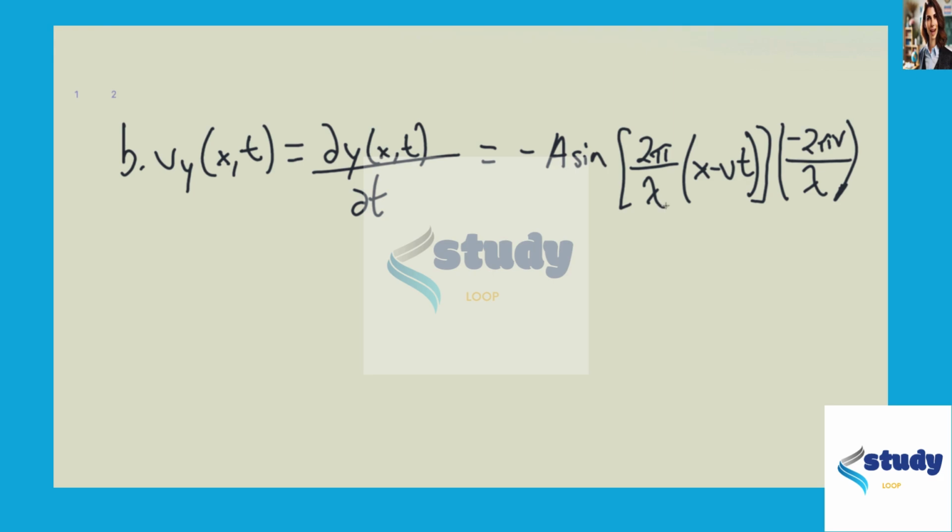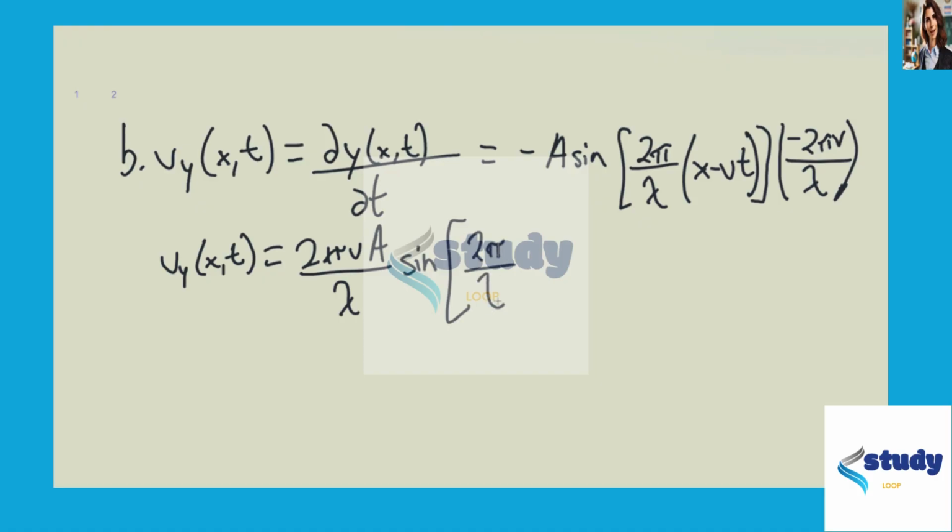So at this point, we can rewrite this equation to make it look a little bit neater, and we can say 2 pi v a over lambda, and then it'll be sine of 2 pi over lambda times x minus vt.